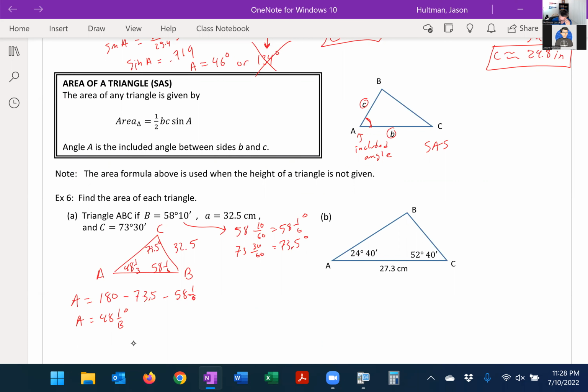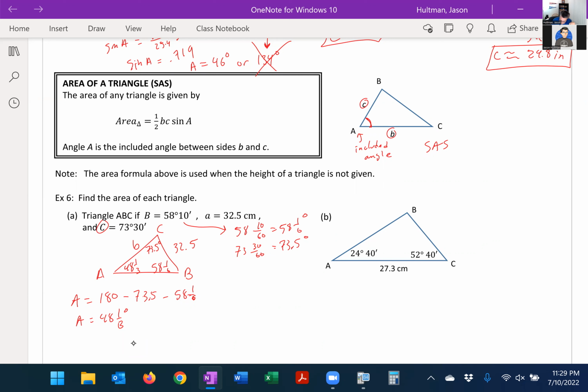Now what I can do is use the law of sines, because I'd like to get a side adjacent to one of these angles that they give me. They gave me angle C, so if I could find side b, that would be really useful. I have side a. I could find side b or side c, it really doesn't matter either way, but it would be nice to get side b.